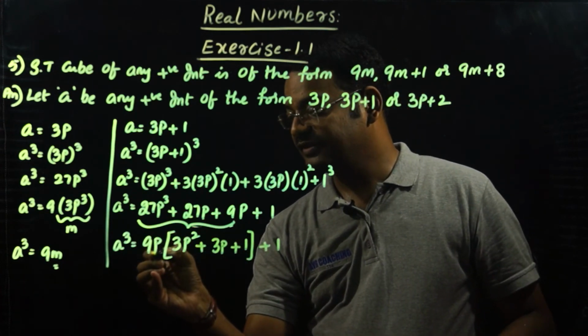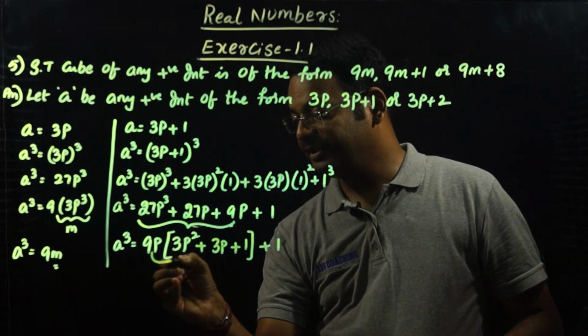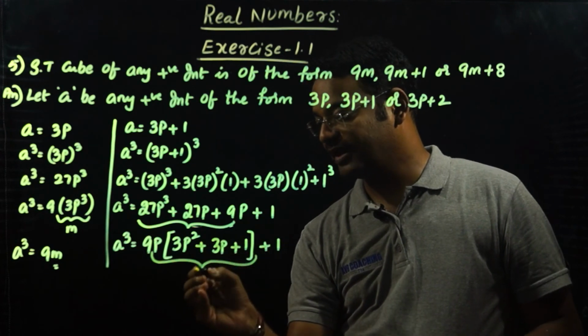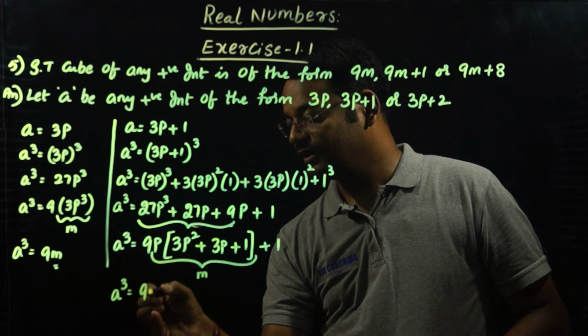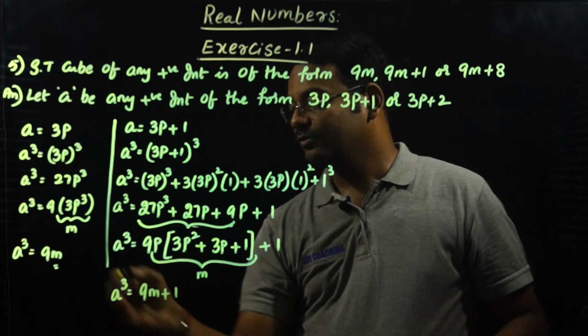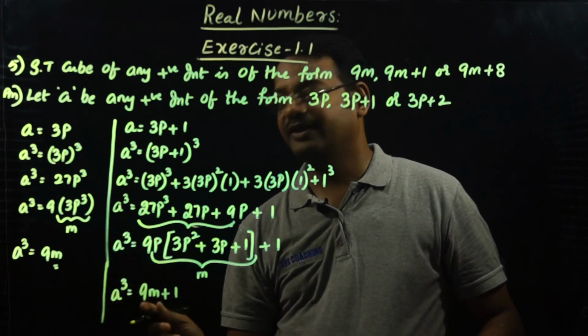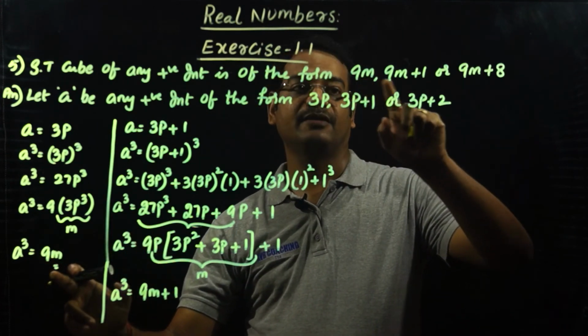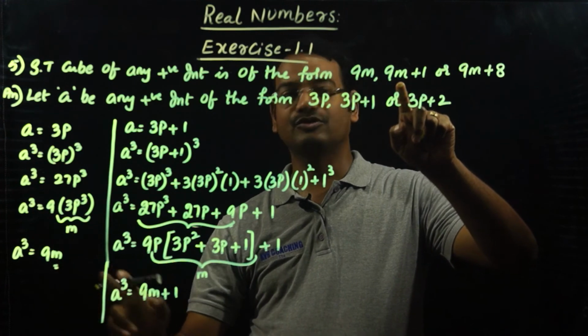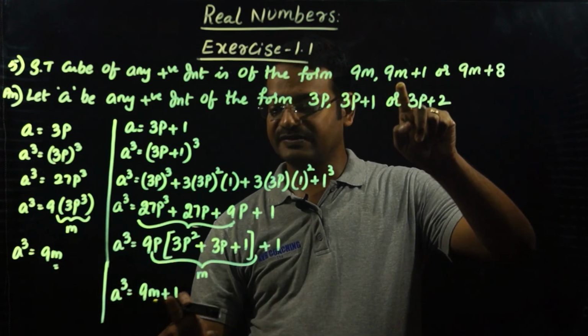Now if we consider the part from p to the whole bracket as m, so A cube is equal to 9m plus 1. Now the second condition is also satisfied. So the cube of any positive integer is of the form 9m plus 1.